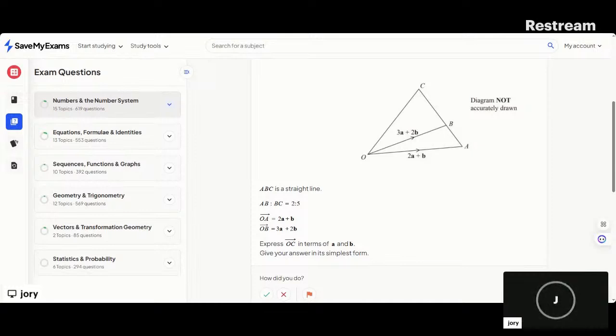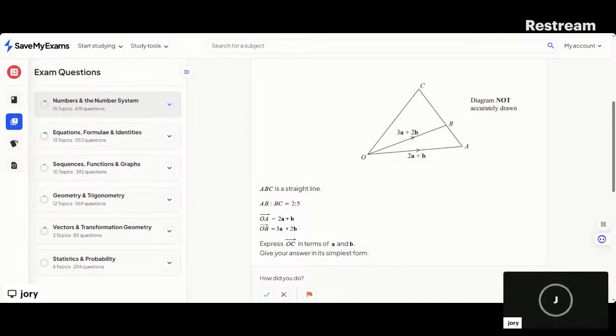Here's what we're going to do. We're going to find AB, which is AO plus OB, and AO is the opposite of OA.